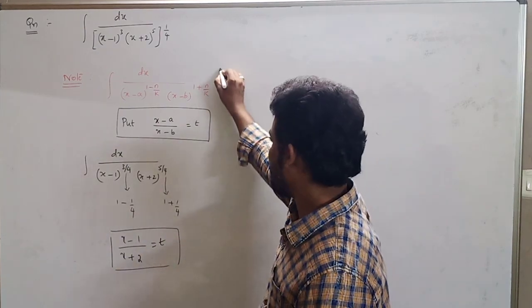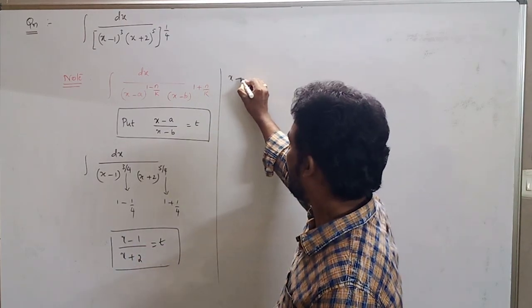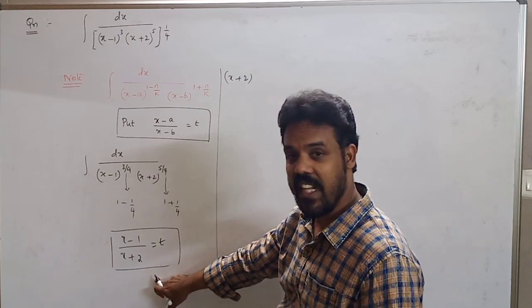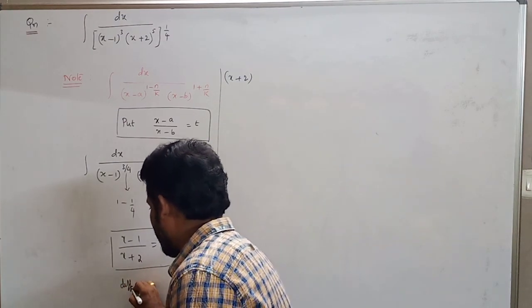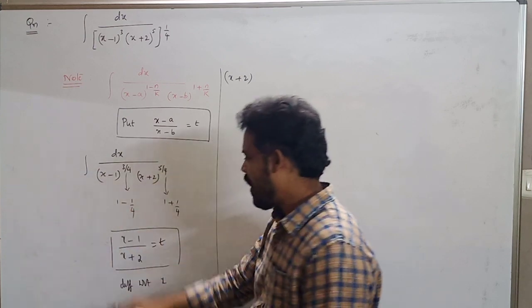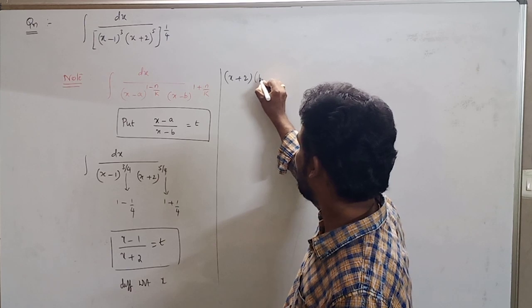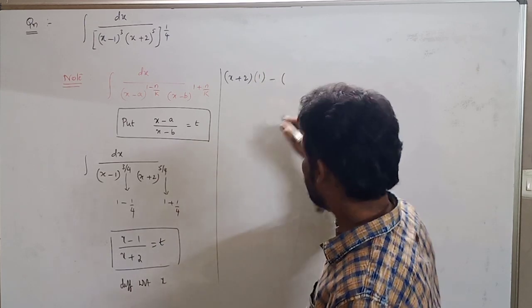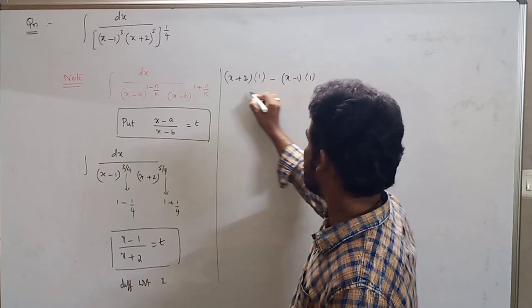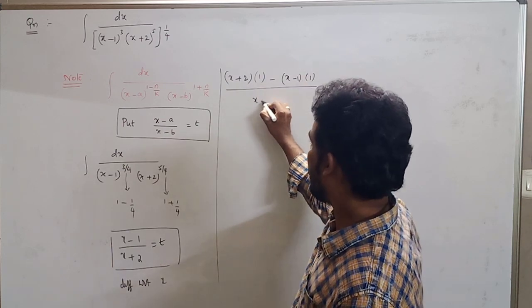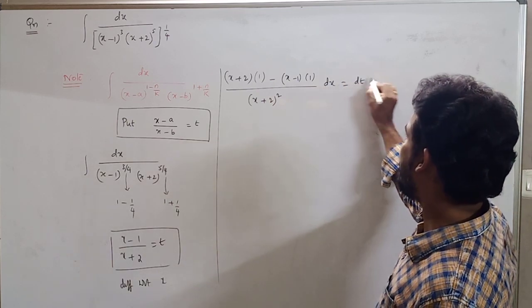Now after writing this, of course, differentiate with respect to x. (x plus 2) into the derivative of (x minus 1), minus (x minus 1) into the derivative of (x plus 2), by (x plus 2) whole square, dx is equal to dt.